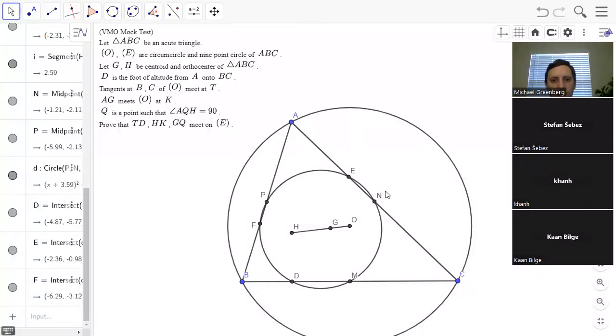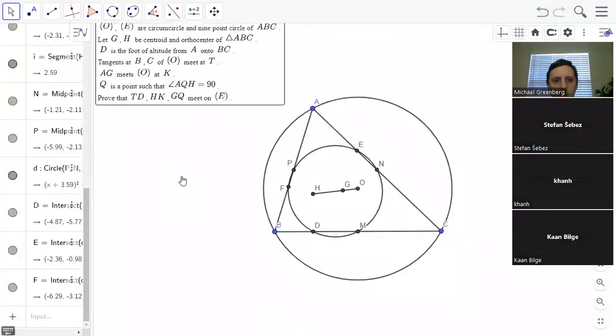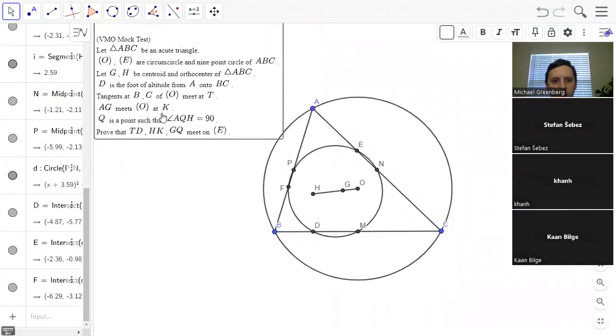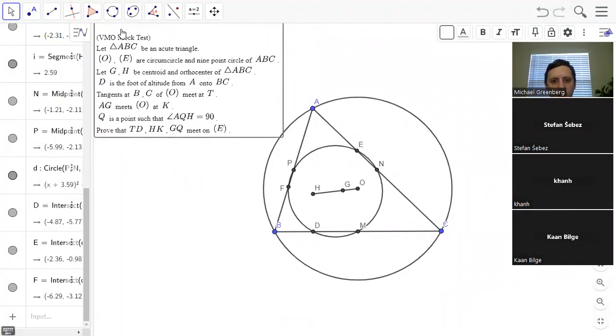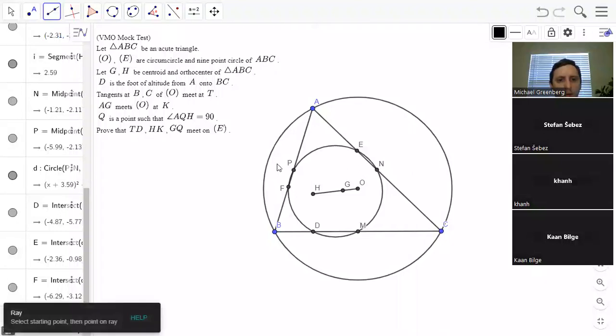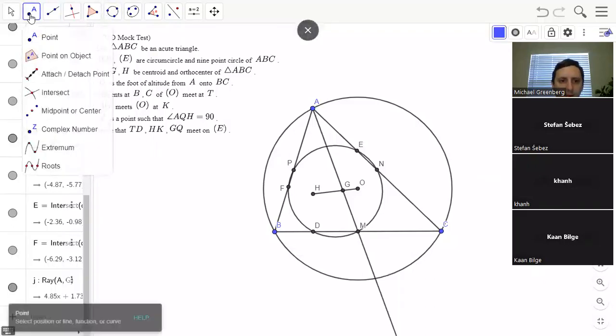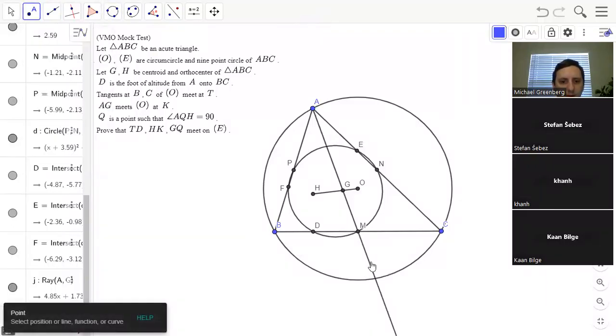The tangents at O at B and C meet at point T, and AG meets that circle at K. So, okay, AG is the median. Do we even use point G, or do we just use that the median intersects it at K?